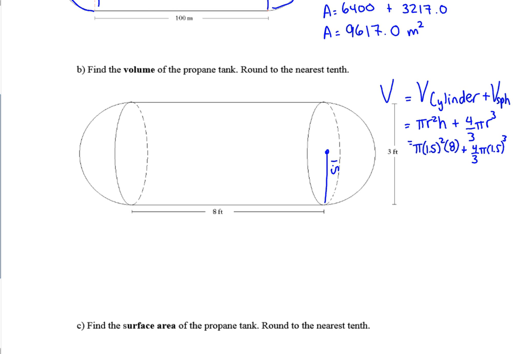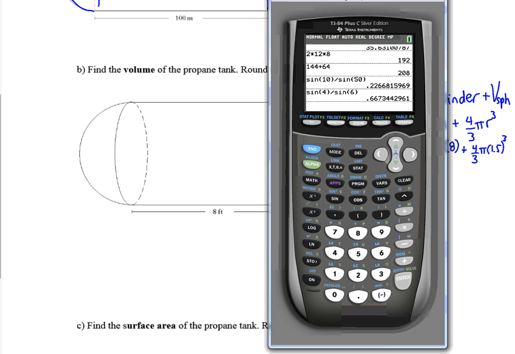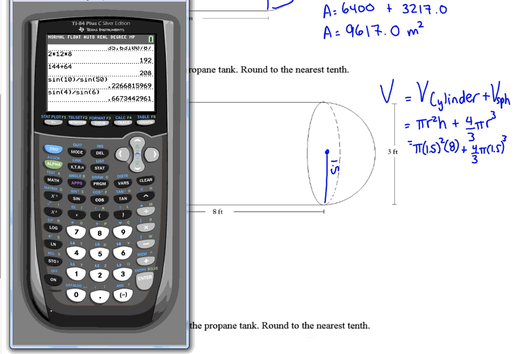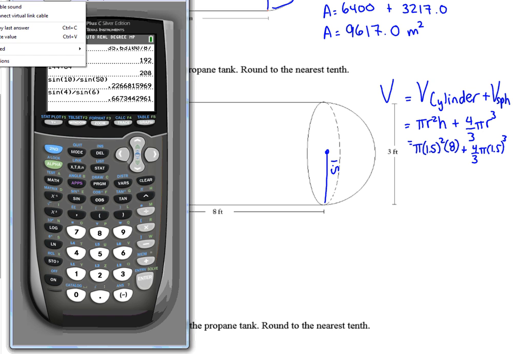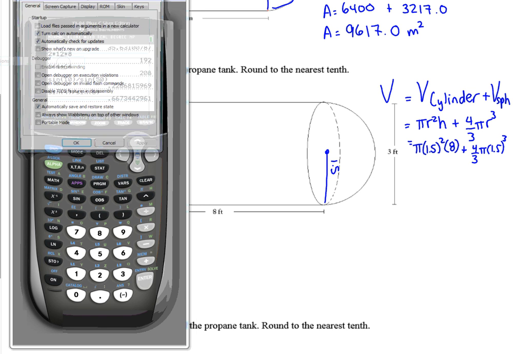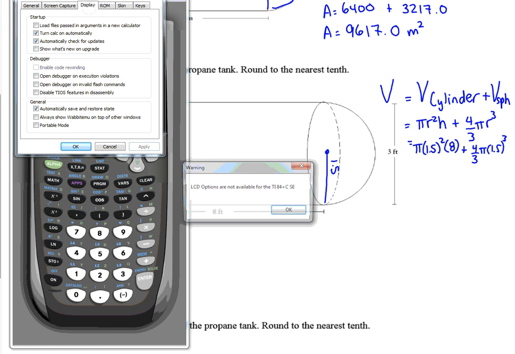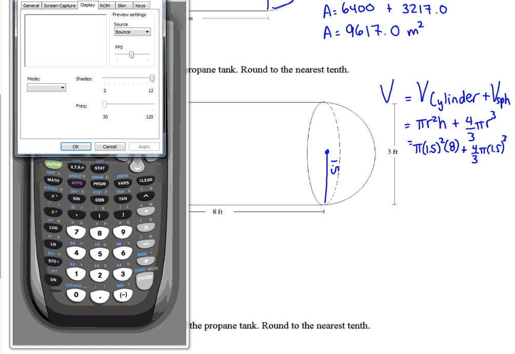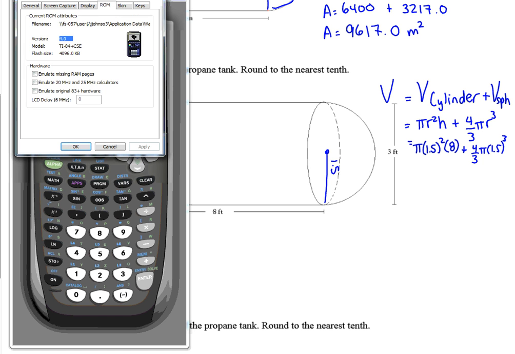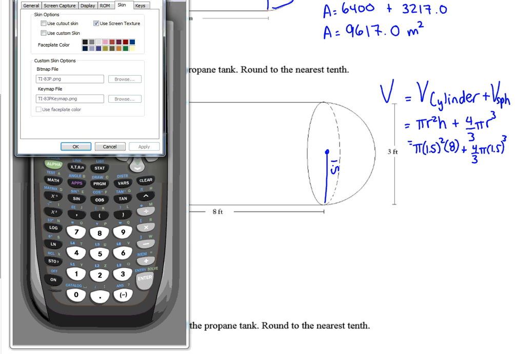Could we type this in all at once? Why not? Okay. I wish there was a view button. Nope. Anyone can get it. Okay.